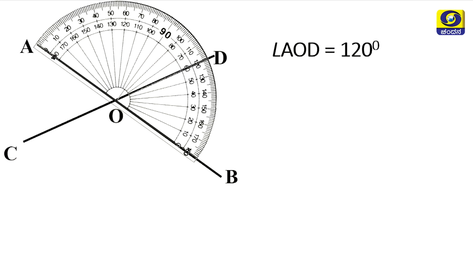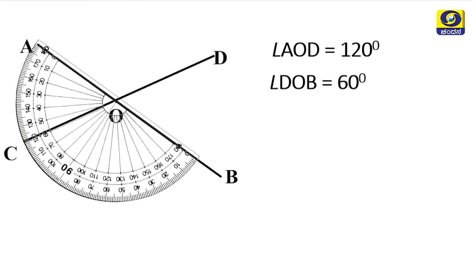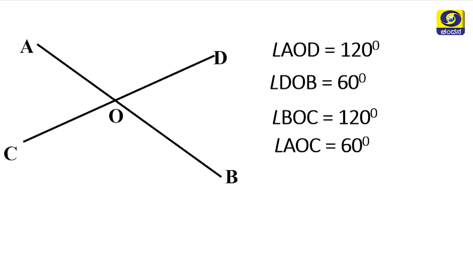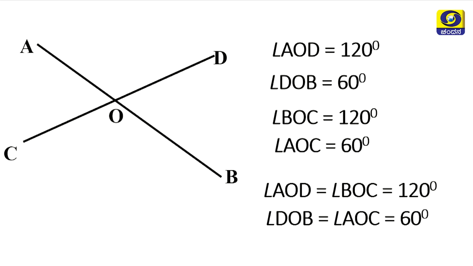Angle AOD is 120 degree, DOB is 60 degree. Similarly, angle BOC is 120 degree and angle AOC is 60 degree. Here you are seeing pairs of angles equal to each other: angle AOD is 120 degree, similarly angle BOC is 120 degree, and angle DOB is 60 degree, similarly AOC is 60 degree.